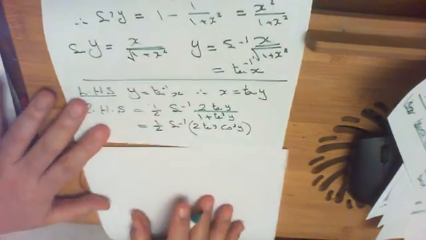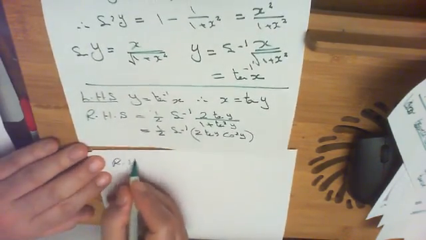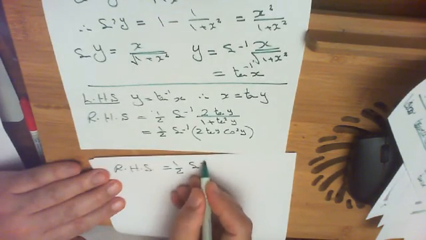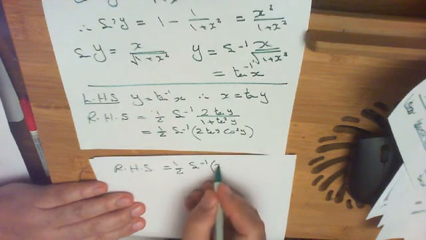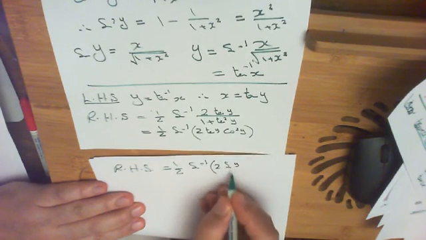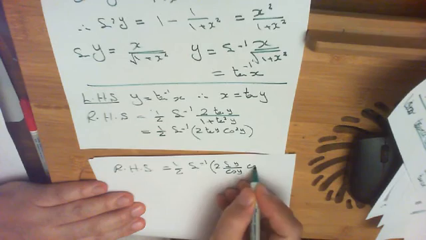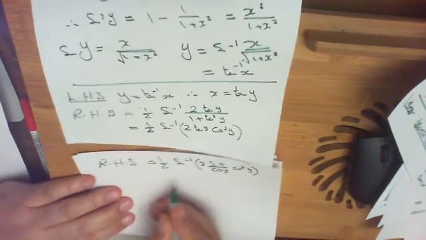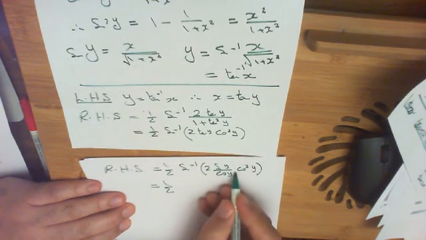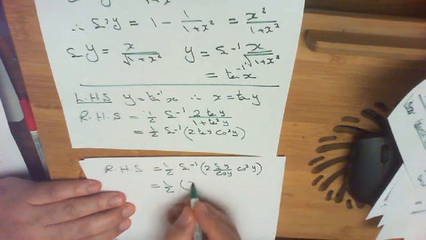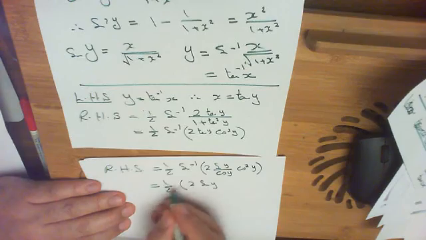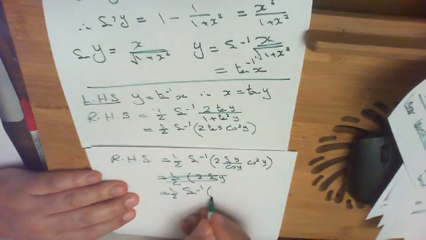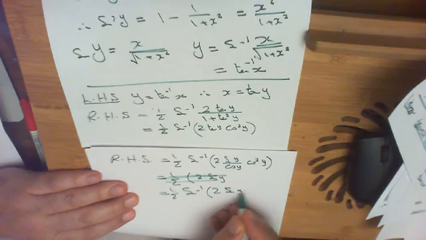So right hand side equals half sine minus 1 of 2 sine y cosine y.